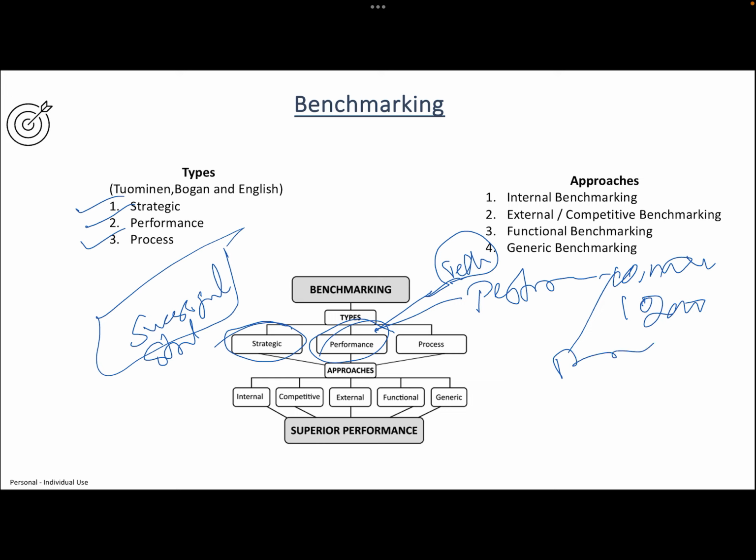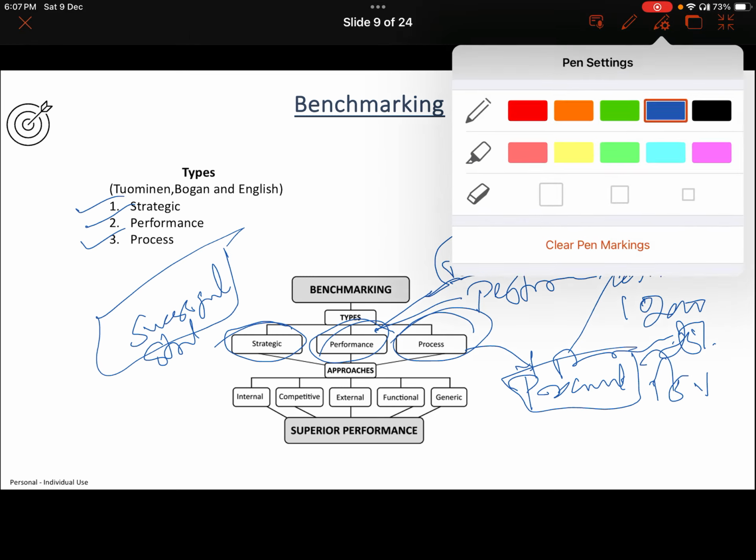Their profitability is a 25% gross margin, ours is 15%, so we need to improve it. Process benchmarking is, for example, if they have a better procurement process, copy that, benchmark that, and create your strategies accordingly.